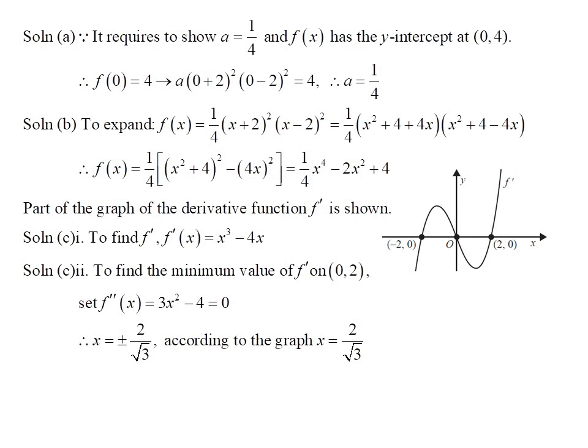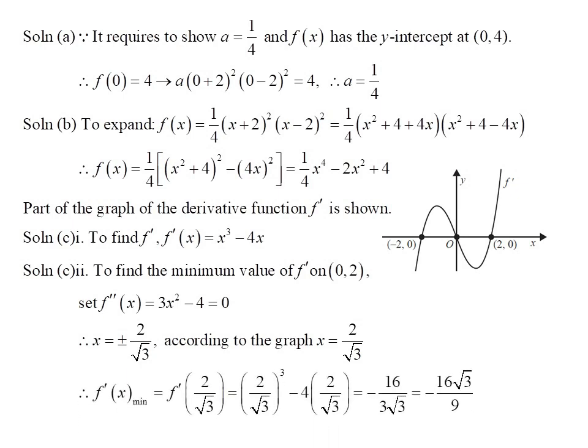However, according to the given interval, we only take x equals 2 over square root 3. So the minimum value of f prime of x equals (2 over square root of 3) cubed minus 4 times 2 over square root of 3, which equals negative 16 square root 3 over 9.